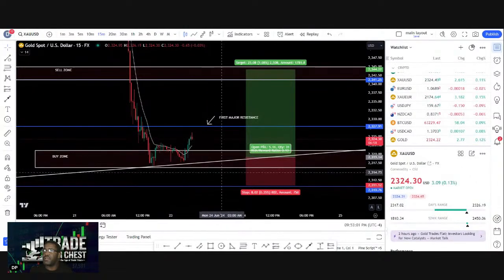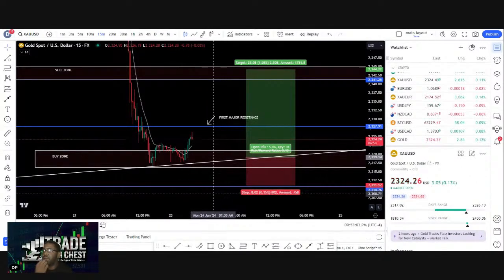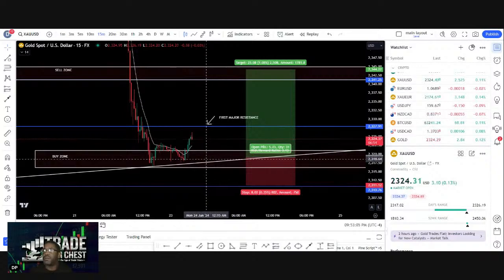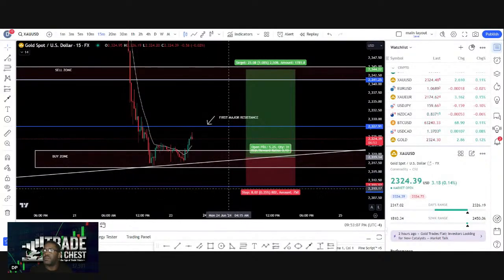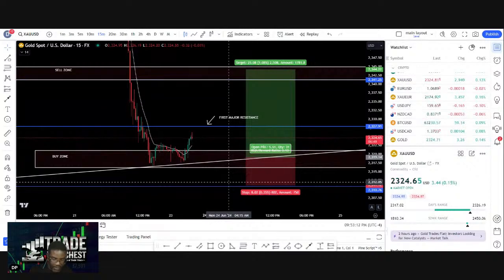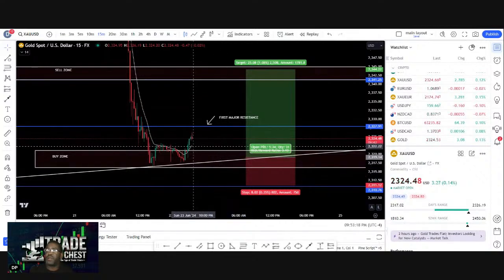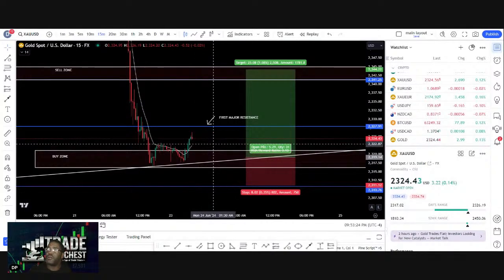So as we look at this little retracement, I'm not worried, for one because I got my stop loss in a position where I won't be losing no matter what happens with the position. And I am of the mindset that if price comes down to a certain level, I'm going to layer and take more positions.